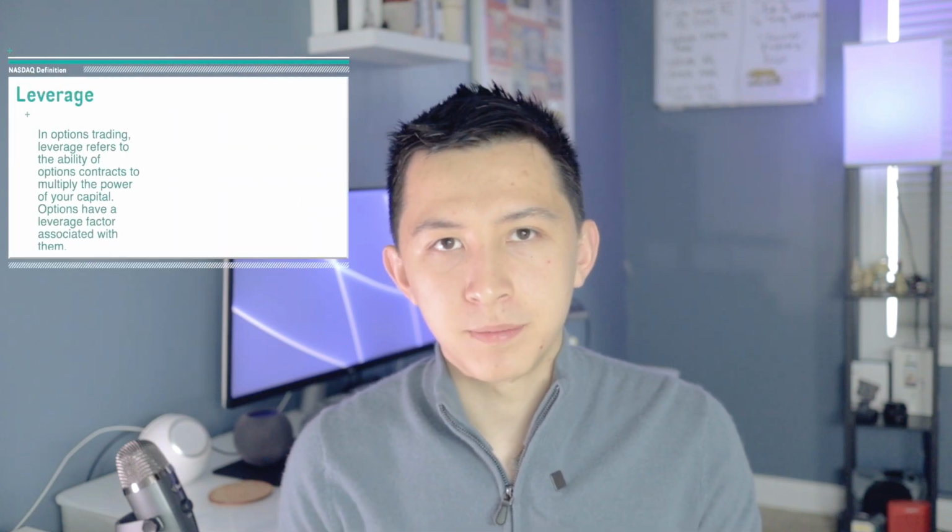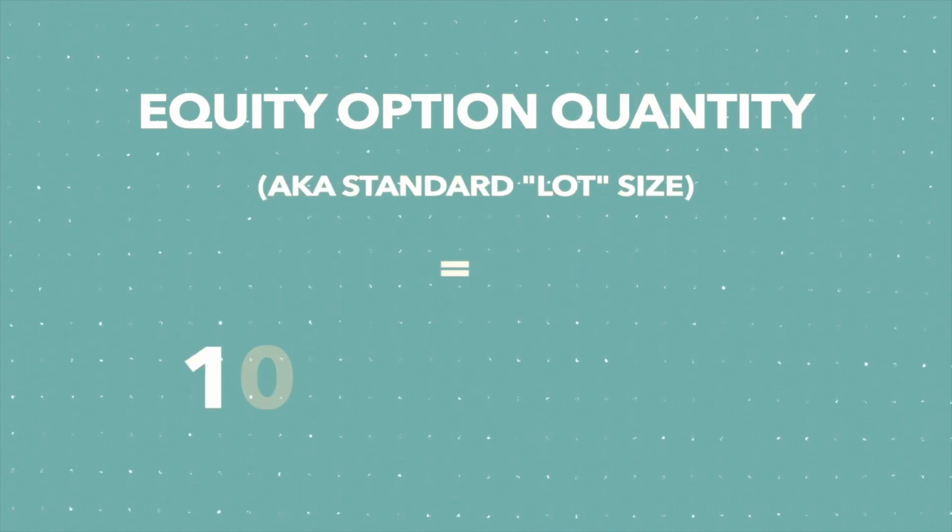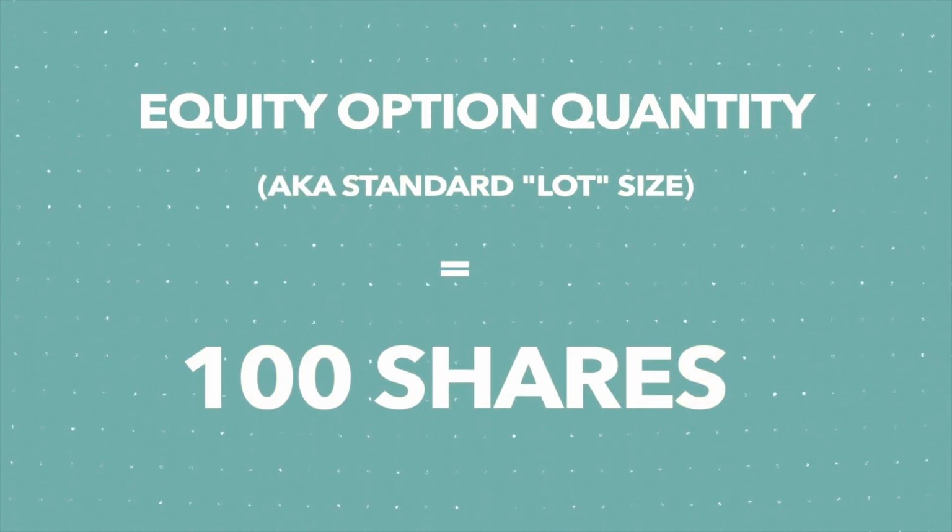power of your capital. See, no options contract is really written for a single quantity of an underlying asset. Every options contract has a quantity which determines the size of a single options contract, or how many assets are being traded underneath one options contract. The standard options contract size for equities, aka stocks, is 100 shares of stock underneath one options contract.